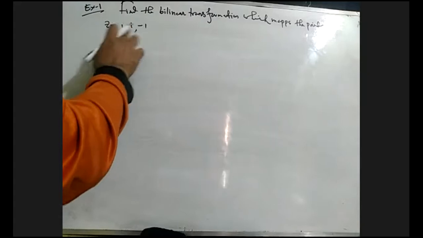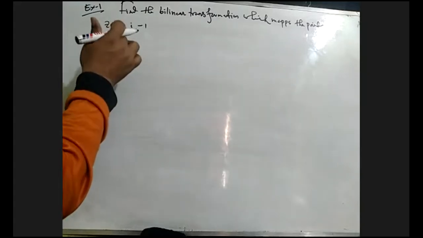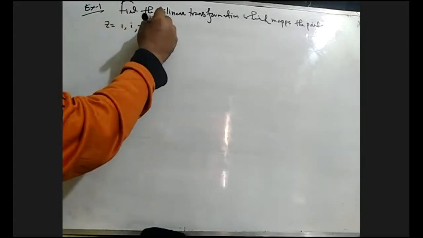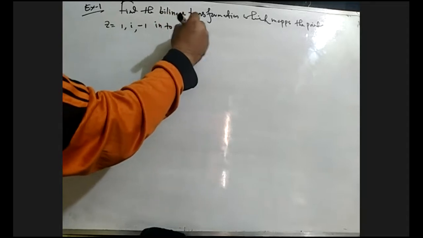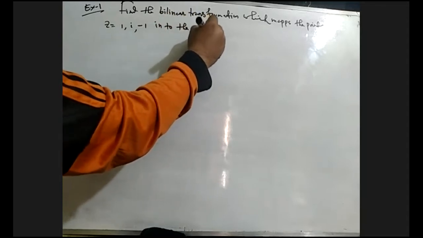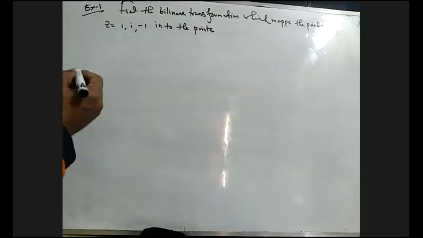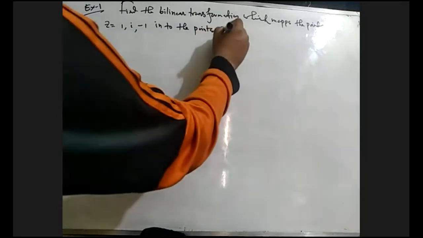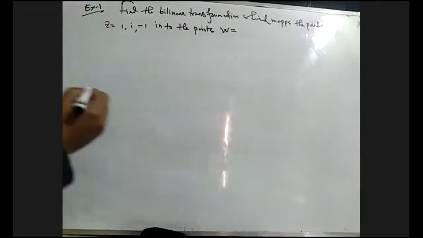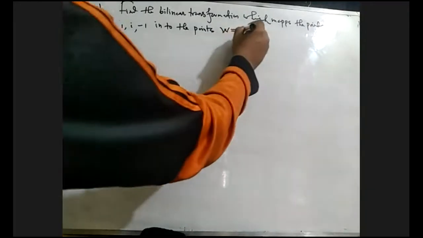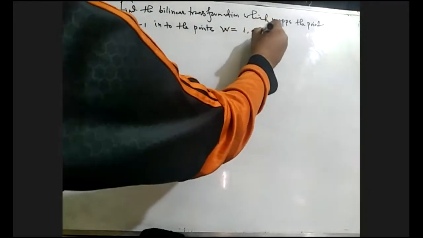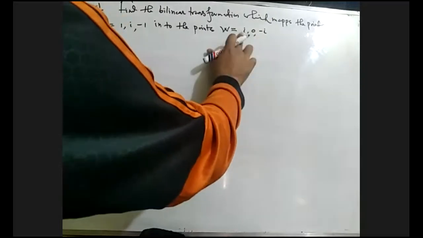So there are three complex numbers in Z plane into the points in W plane, w equals to i, 0, minus i. All are complex numbers.